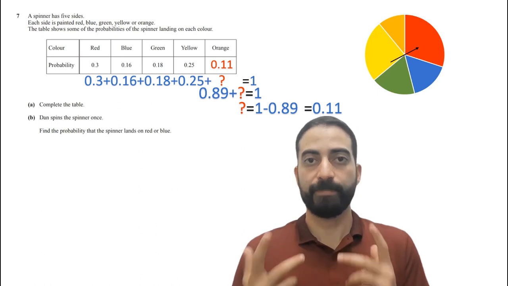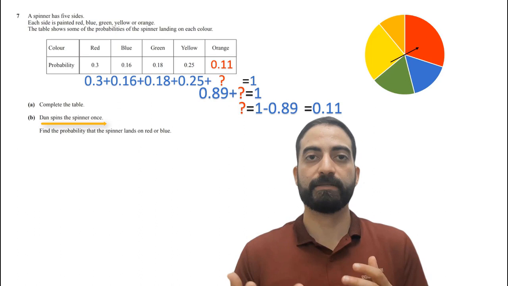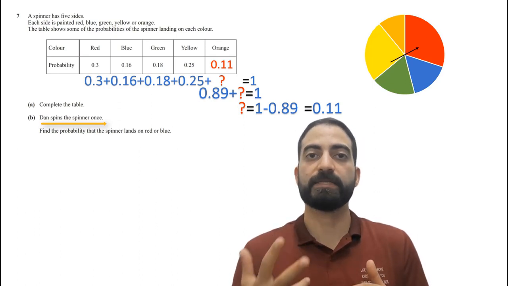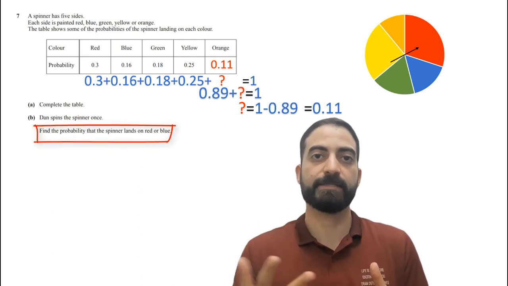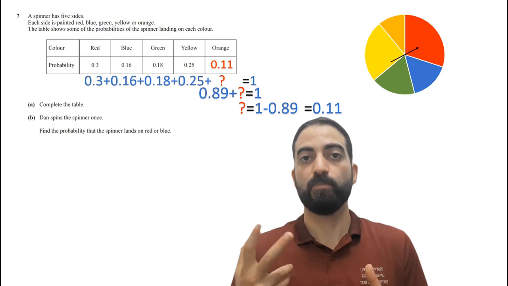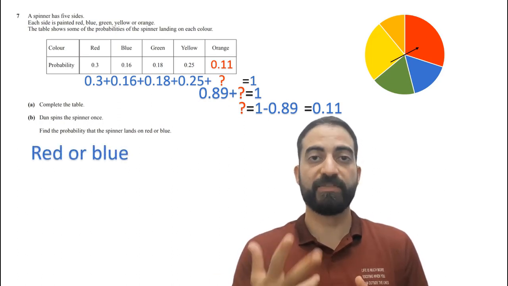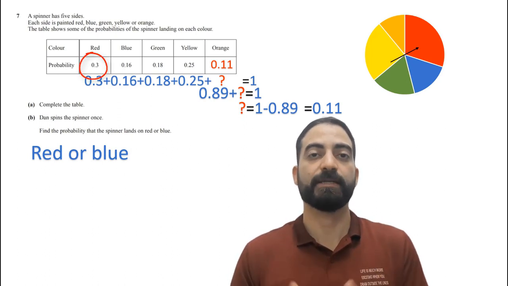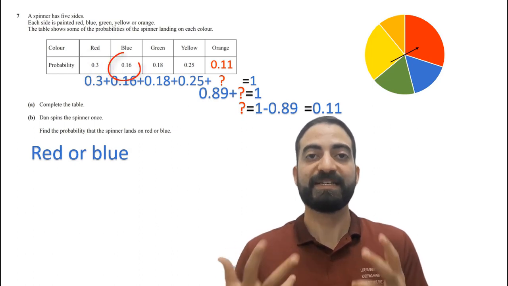Now we move to part B, which tells us that Dan spins the spinner once. What is required of us is to find the probability that the spinner lands on red or blue. As it appears before us in the table, the probability for red is 0.3 and the probability for blue is 0.16.